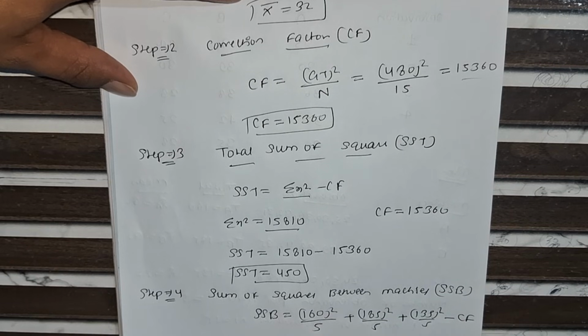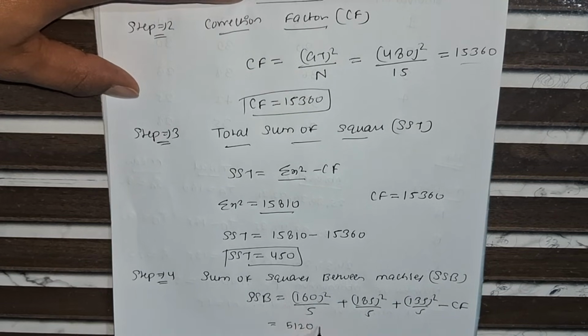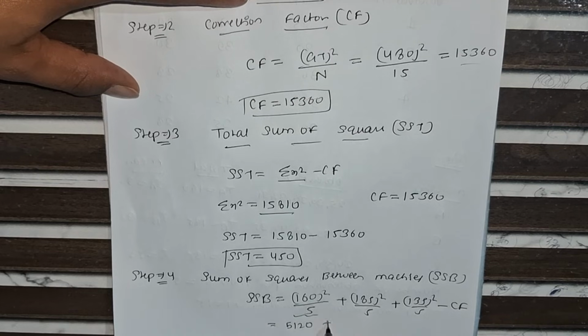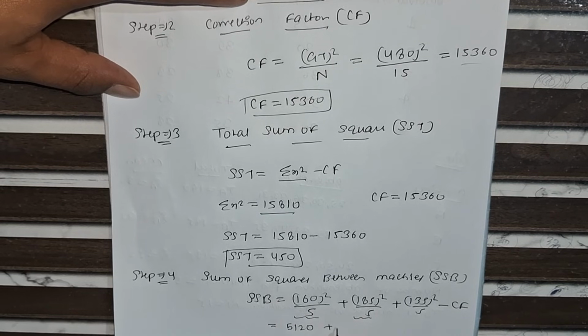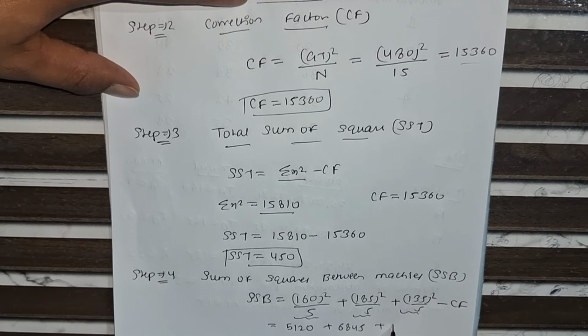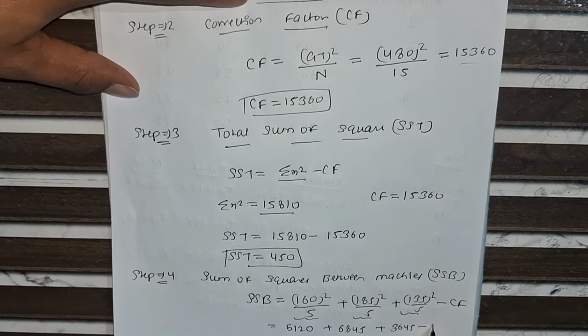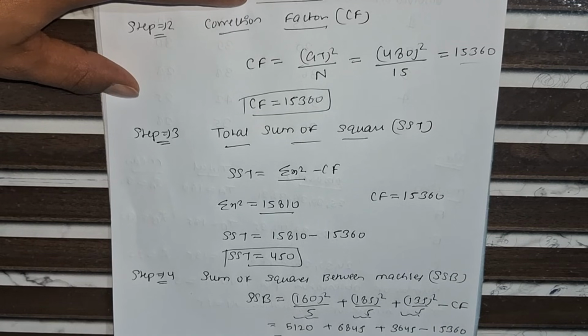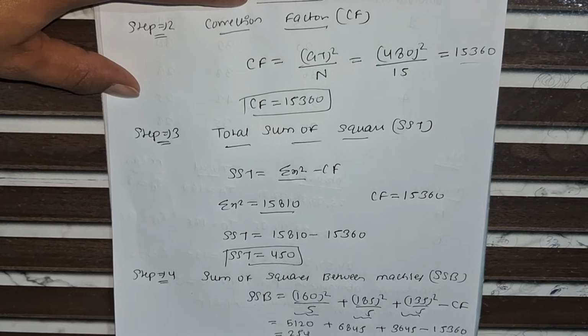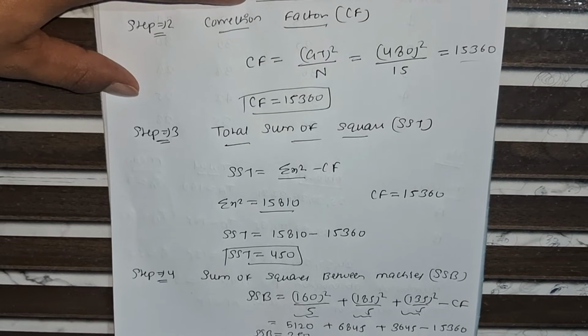So when you solve it, it becomes 5120. When you calculate this one, plus like that for this, it becomes 6845, plus this becomes 3645, minus correction factor, which we already know, which is 15360. So when you solve it, it becomes 250. This is our SSB.